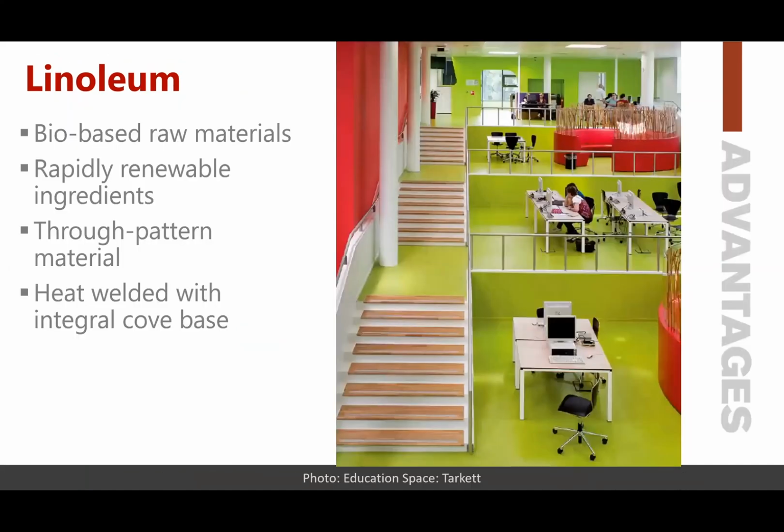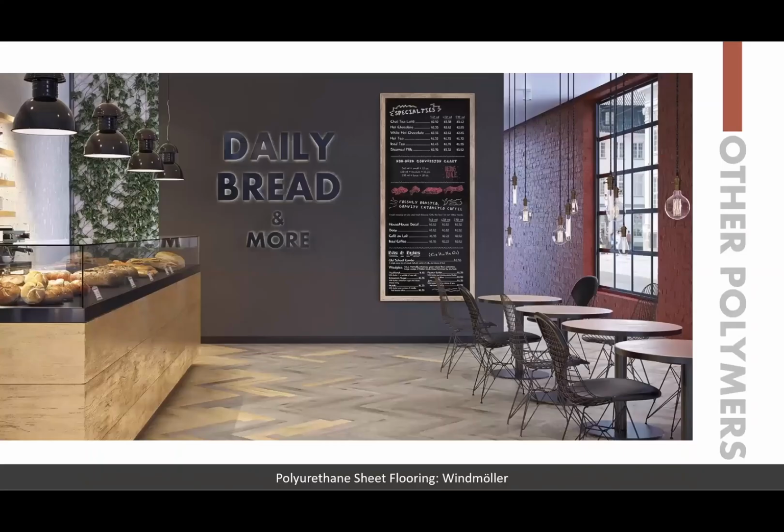Advantages to using linoleum include bio-based raw materials, rapidly renewable ingredients, and a through pattern material, and like other sheet products, it can also be heat welded and integral cove base created. There are other polymers that are also used in resilient flooring. This is an example of polyurethane sheet flooring.